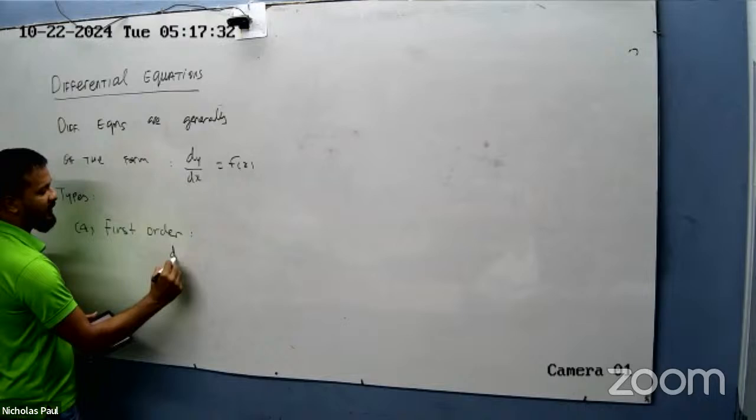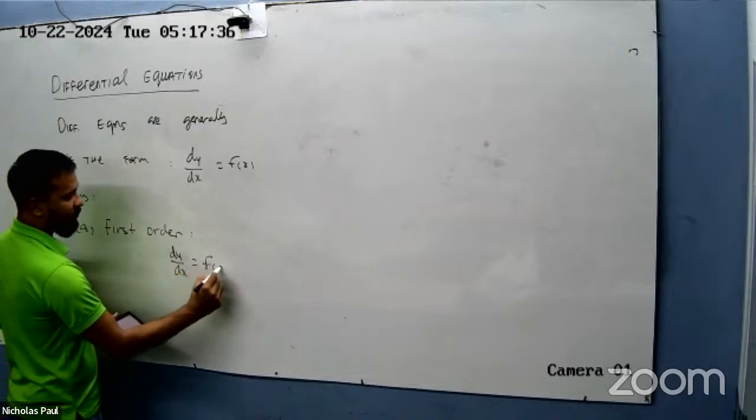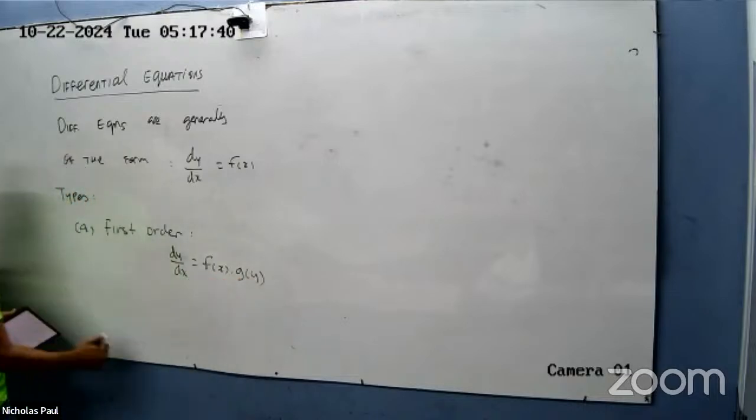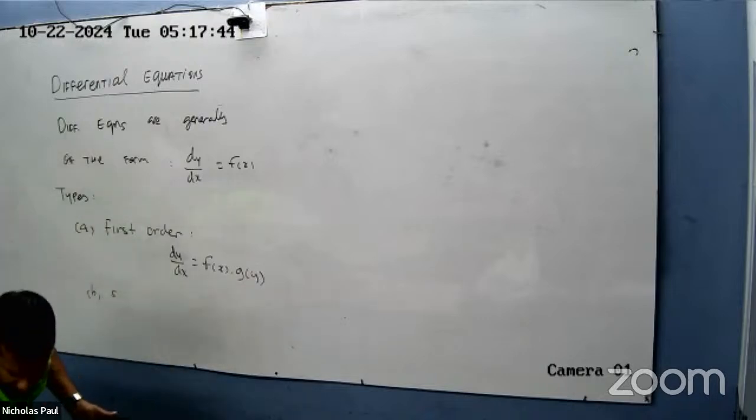So first order differential equations are generally of this form. It looks something like that. And B, second order, generally looks like this.